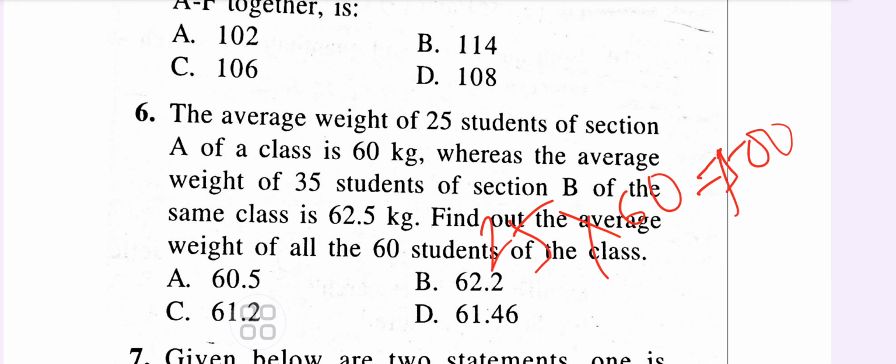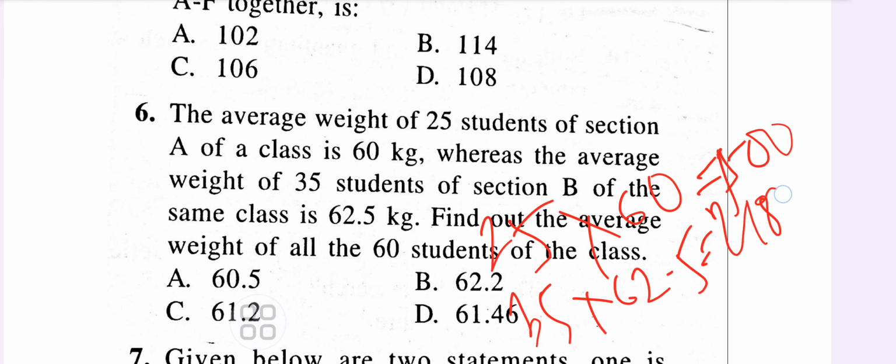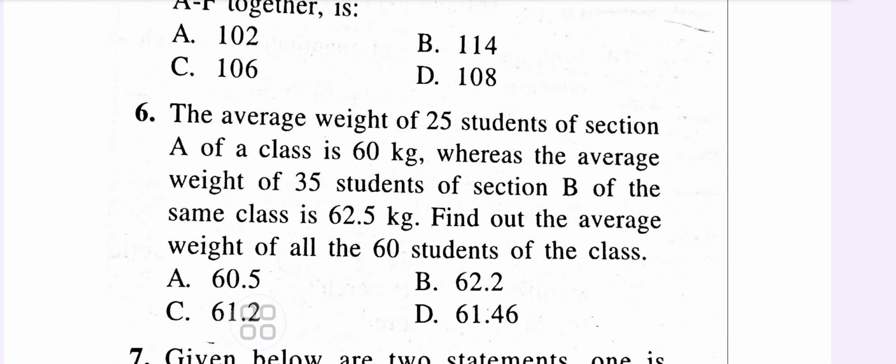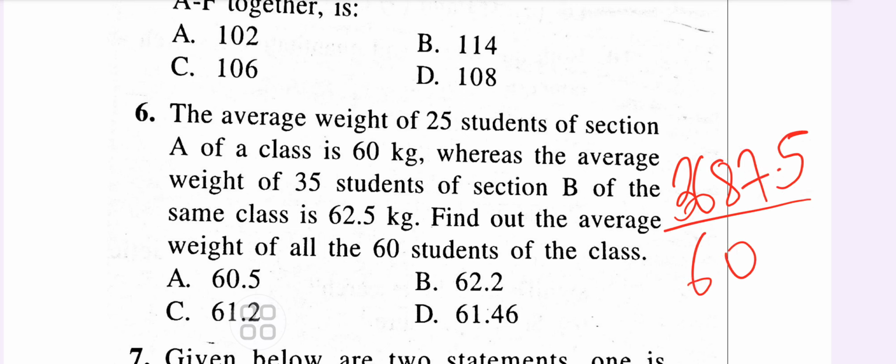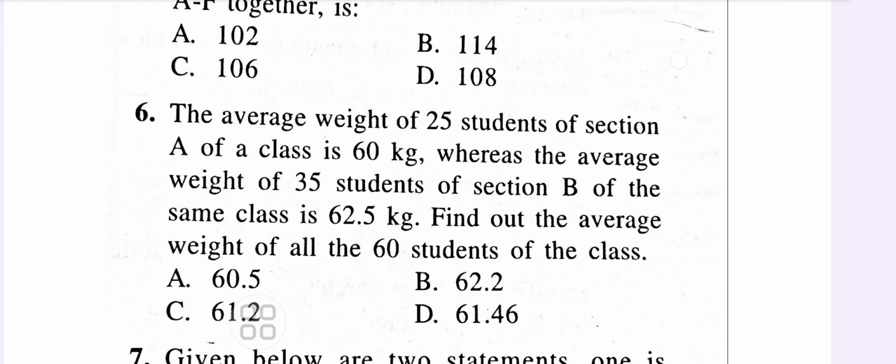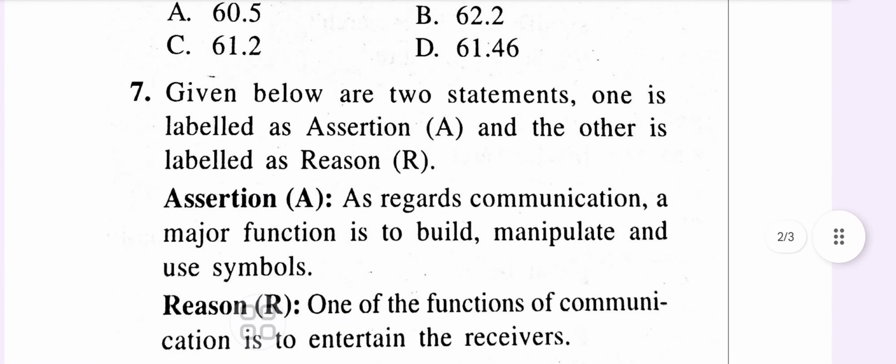Okay, now total weight of students of section B, 35 of 62.5, that is 2187.5. So now total it will count to 3687.5 by 60, that is 61.46.